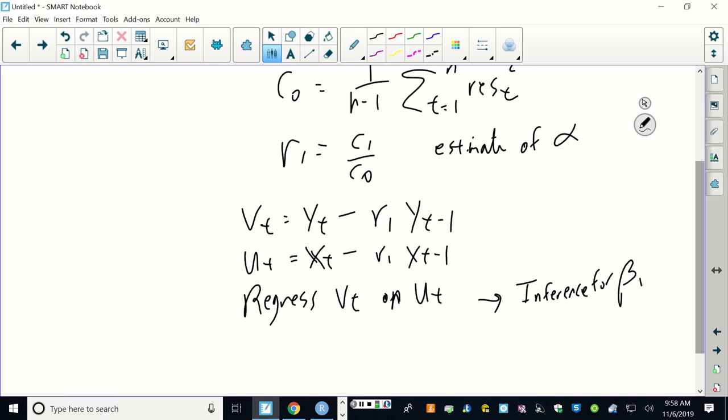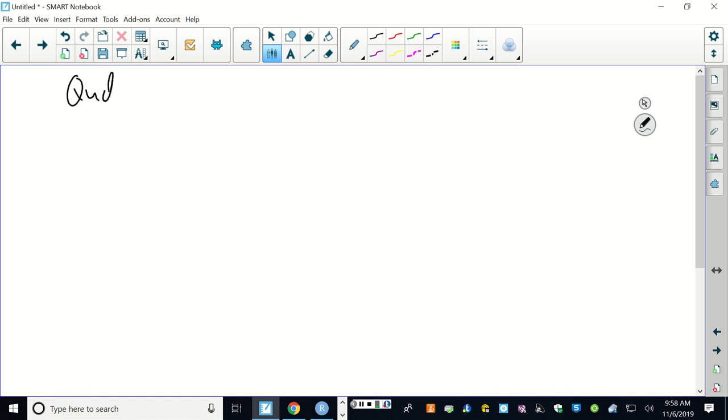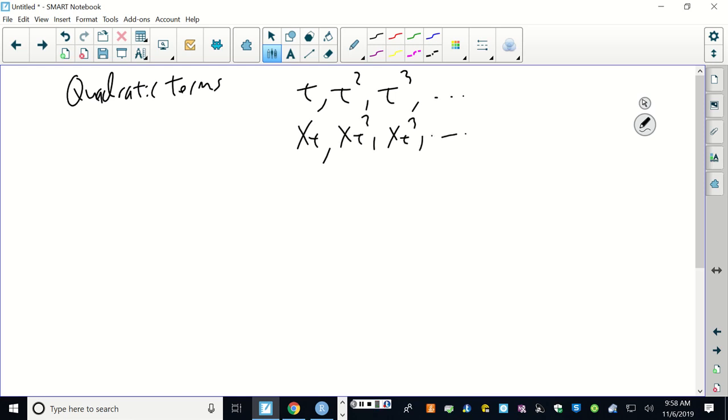If you are looking at quadratic things, so if you have t squared, t cubed, etc., or x of t squared, x of t cubed in the model. So the book makes a point in looking at these effects, particularly for time. Often time is recorded in large numbers.